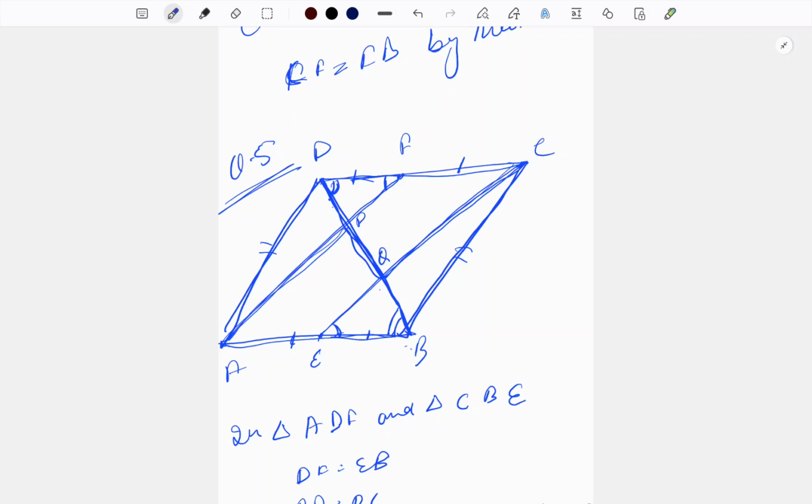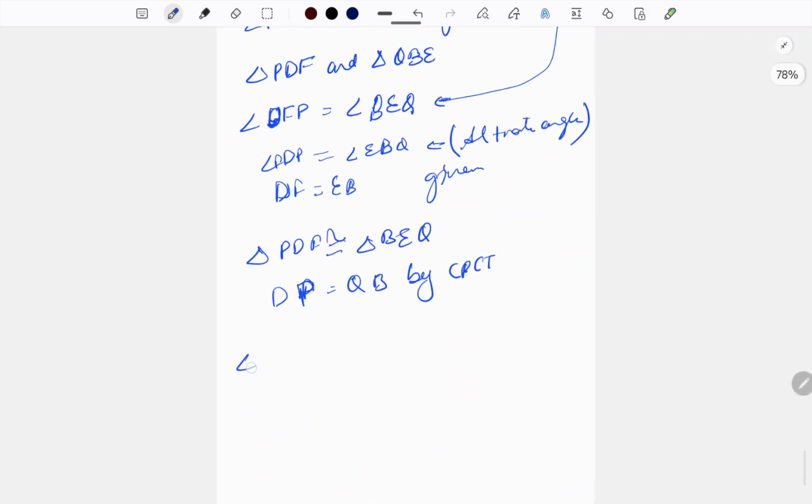ABP and QCD, triangle ABP and triangle CDQ, okay. Here AB is equal to CD.